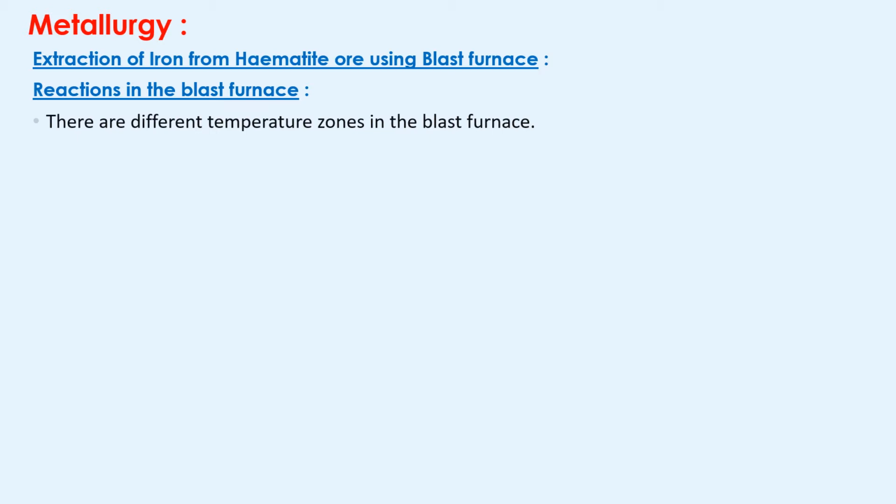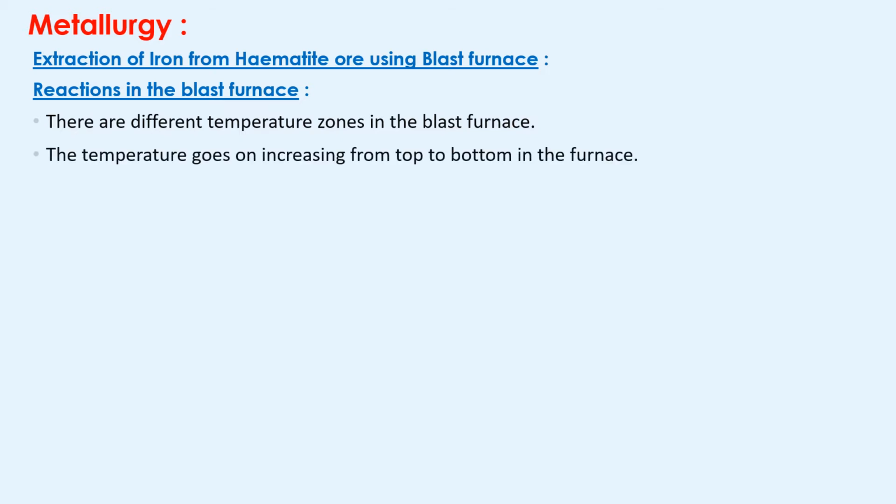There are different temperature zones. If you see the diagram very well, there are different temperatures, and they are for different reactions. The temperature goes on increasing from top to bottom in the furnace.